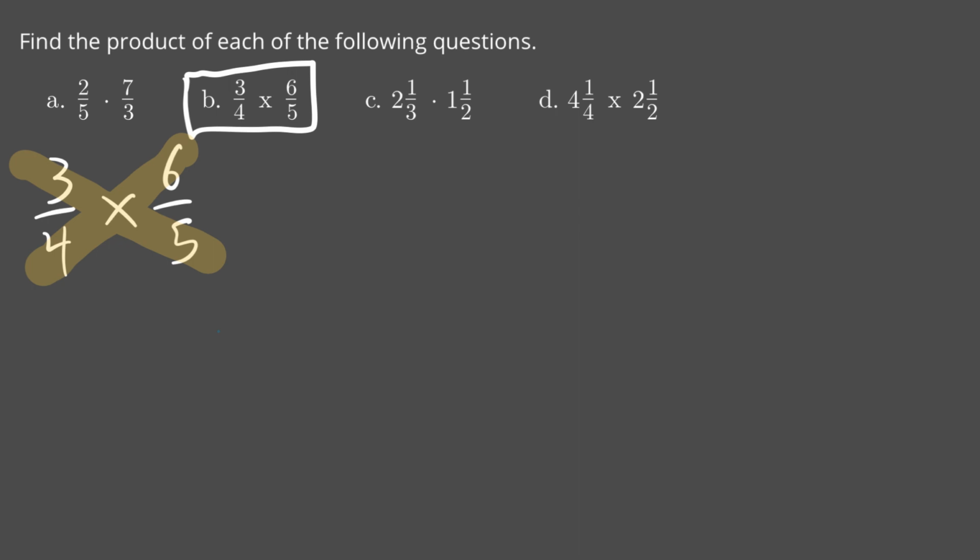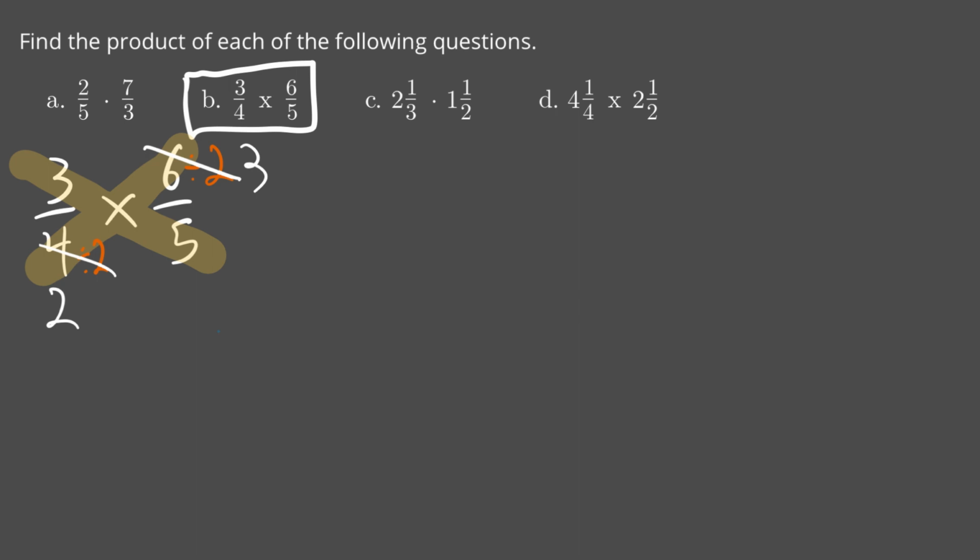But 4 and 6 do share a factor. They both share the factor of 2. So I can divide 6 by 2, and I can divide 4 by 2. When those simplify, 4 divided by 2 becomes a 2, 6 divided by 2 becomes a 3.